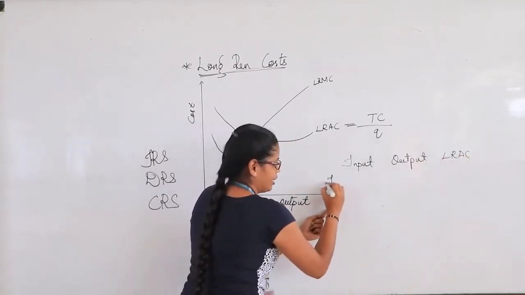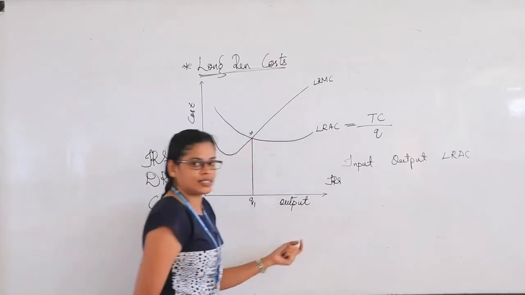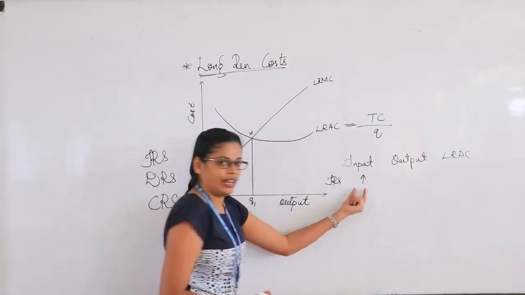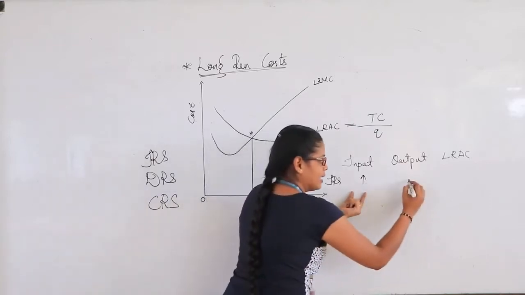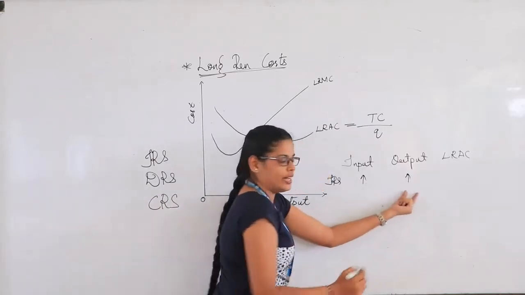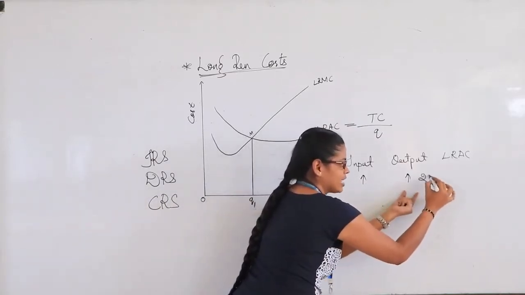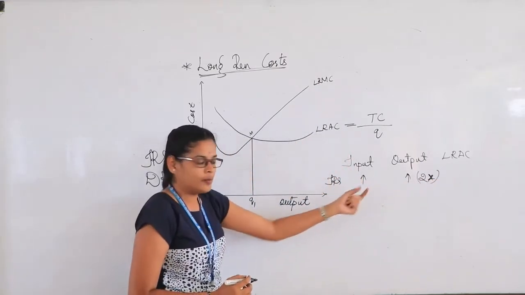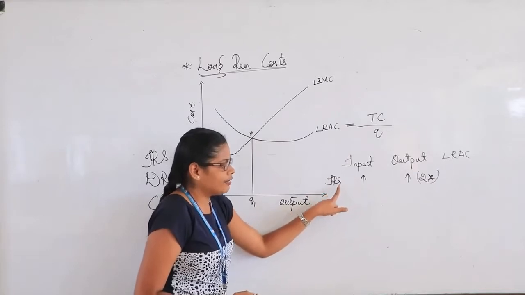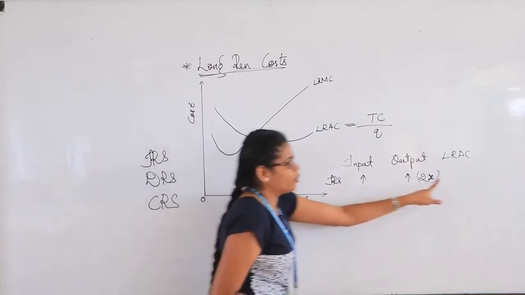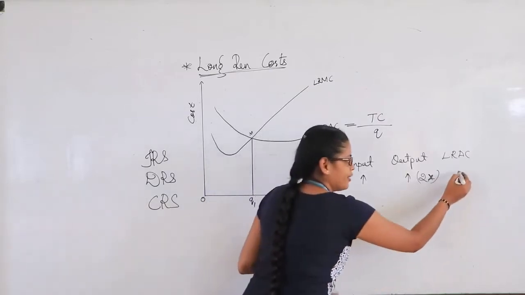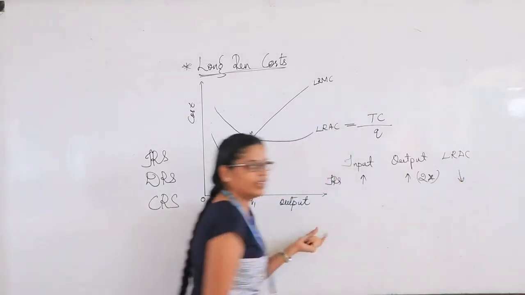When we have increasing returns to scale, here inputs are increased and output is also increased, but how much? Double the inputs, right? That's the reason we call it IRS. But what is the effect on the long run average cost? Here we have seen the decrease.